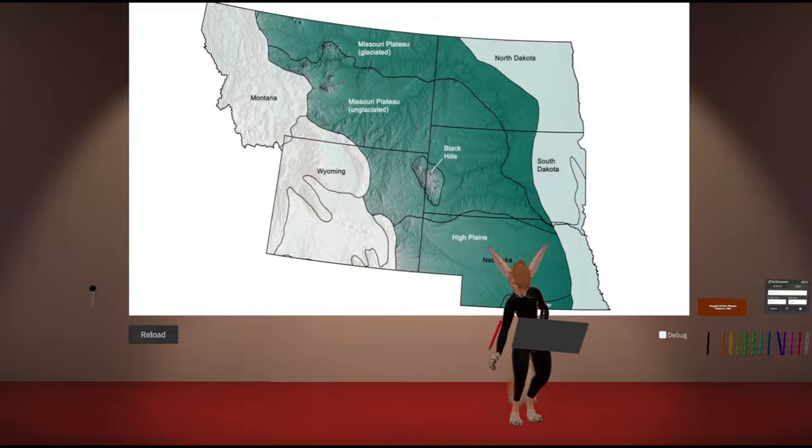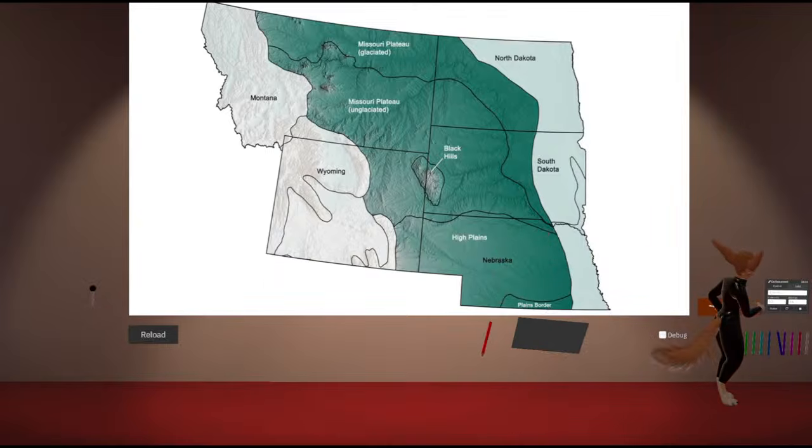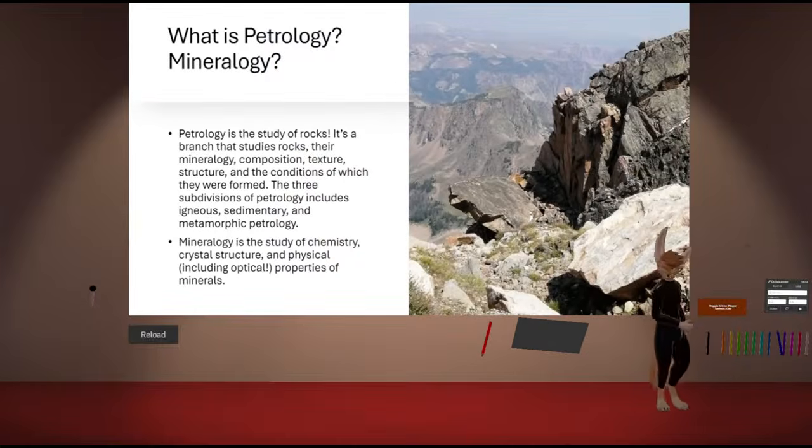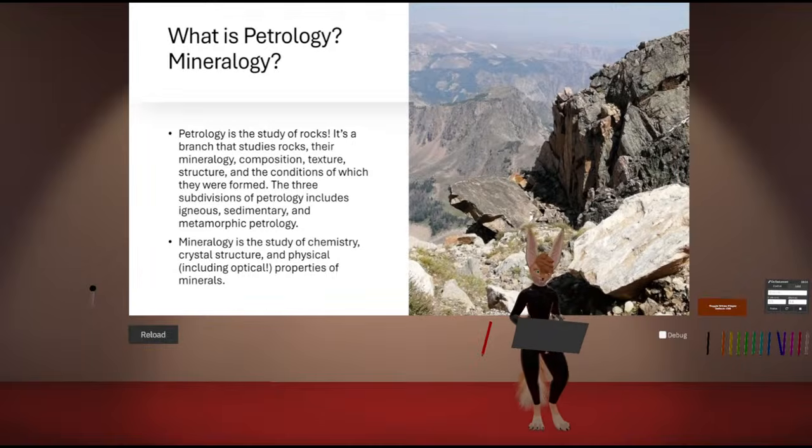Let's see. Okay, there we go. So, what is petrology and mineralogy? Petrology is the study of rocks, a branch of geology that studies rocks, their mineralogy, composition, texture, and the conditions under which they formed.